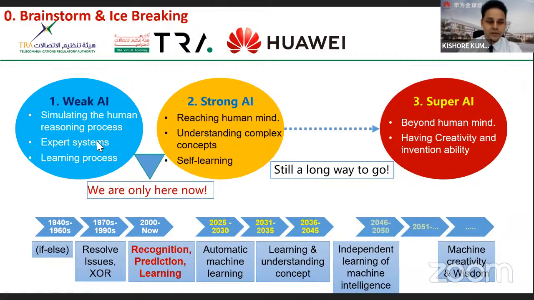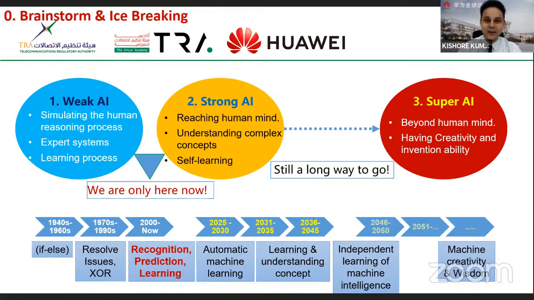The next criterion you see here, which is especially important for today's AI development, is called the learning process. We hope that our computers can learn all by themselves. Later on, when we talk about machine learning, we'll see how that is implemented.